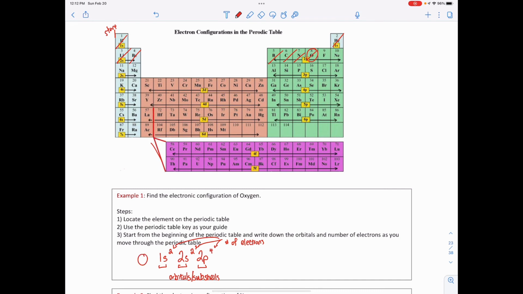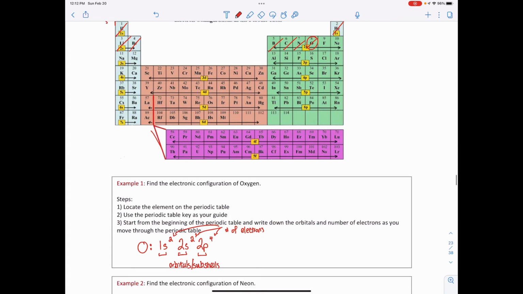Let's double check. Oxygen has atomic number 8, so we know it has 8 electrons. Those superscripts match up: of those 8 electrons, 2 occupy the 1s orbital, 2 occupy the 2s orbital, and 4 occupy the 2p orbitals.